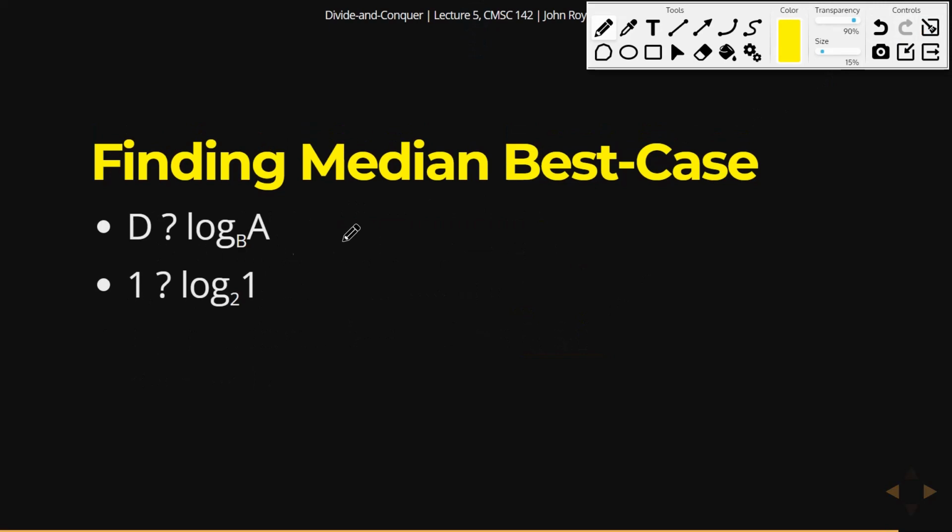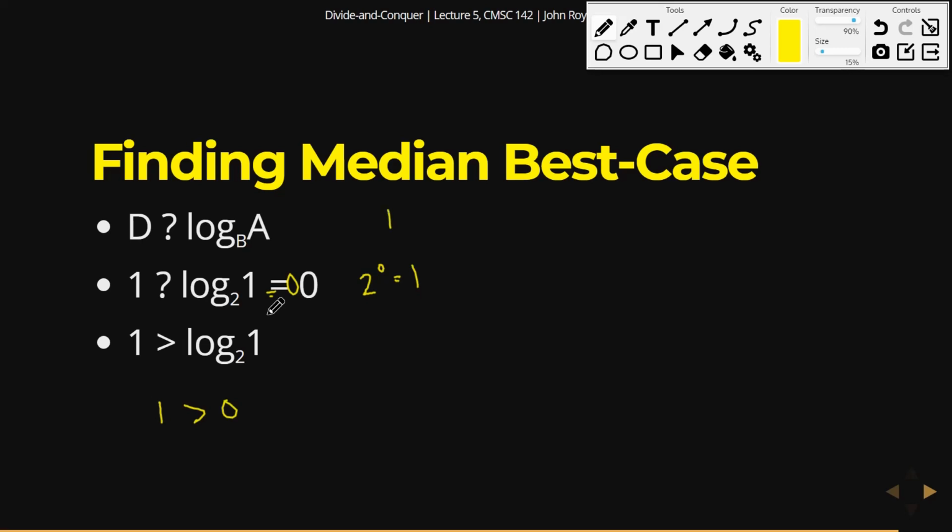So plugging in those values, log of 1 base 2. Log of 1 base 2 is equal to what? 2 raised to 0 is equal to 1, right? So this should be equal to 0. Okay? And 1 is greater than 0.